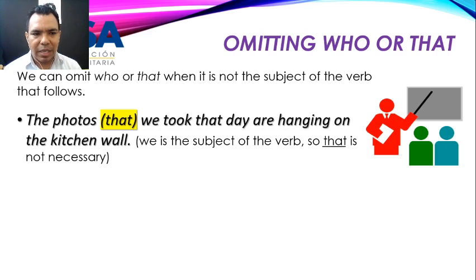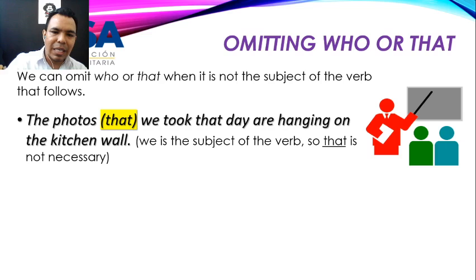Another way to say it is, the photos that we took that day are hanging on the kitchen wall. Both are correct, but in this case that is not necessary. Why? Because we is the subject of the verb of taking the photos, so that is not necessary.